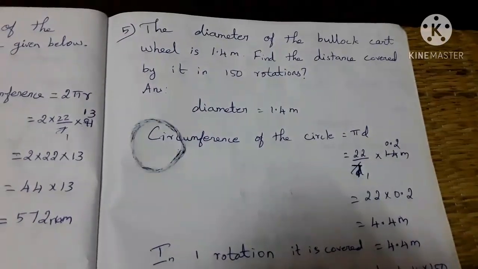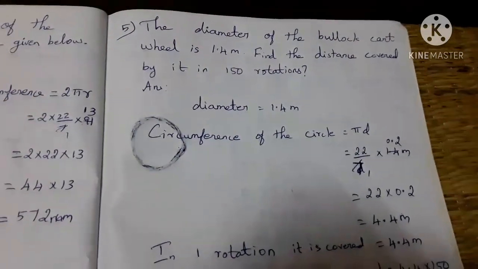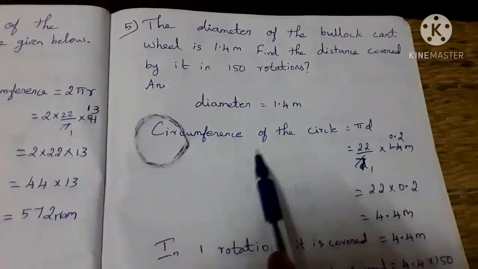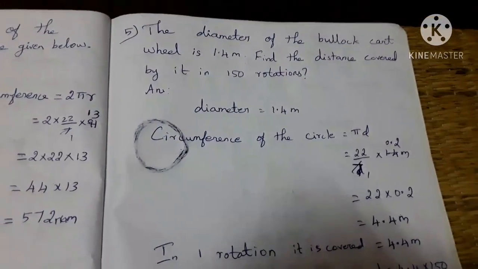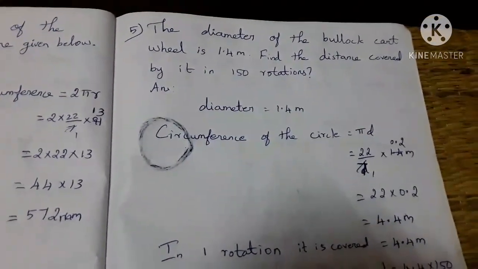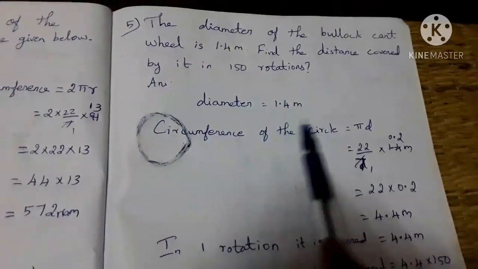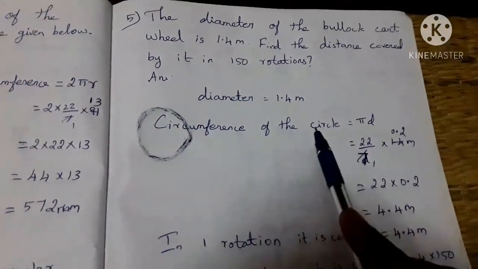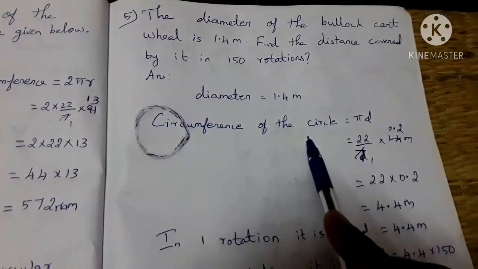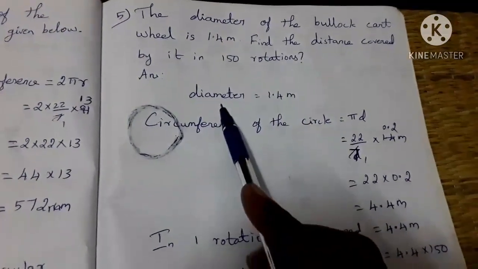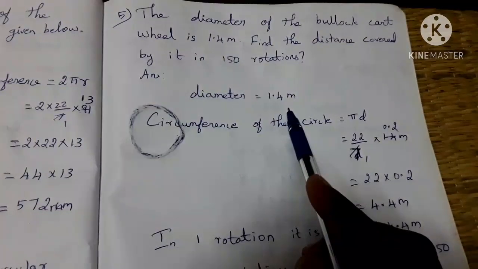If we want to find 150 rotations, first we have to find one rotation. First we find the circumference of the circle. One rotation means we want to know the circumference of the wheel, which is circular in form. Diameter is equal to 1.4 meter.